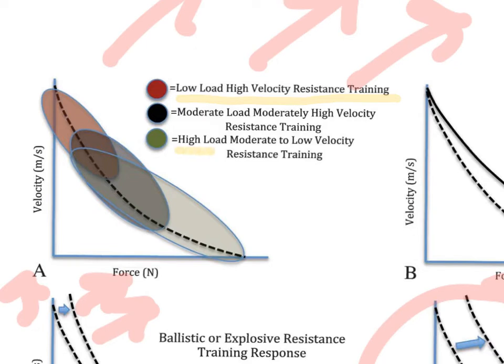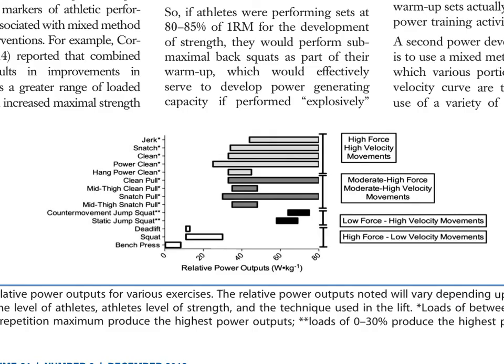High load, low velocity resistance training increases your force, or you can do moderate load, which hits the middle, and they call that mixed resistance training. But focusing on either or all of these is going to shift this force velocity curve, and thus increase your power.